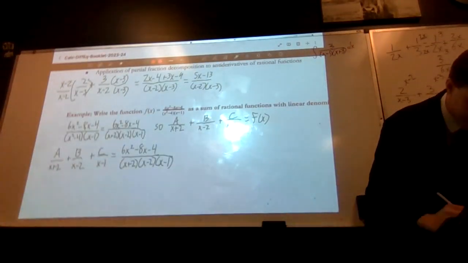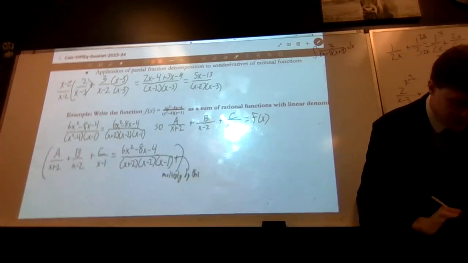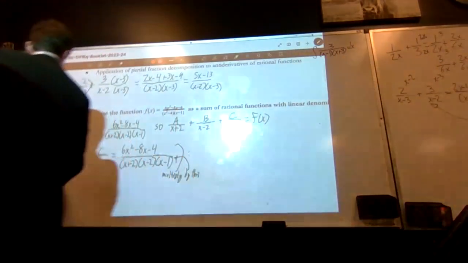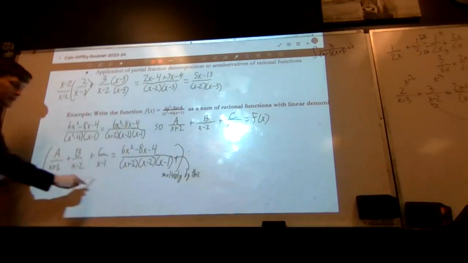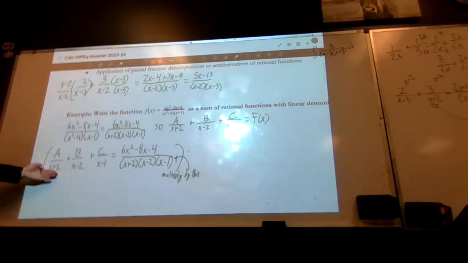You multiply by this, and you should get a format that looks like so. If I multiply by that, what's going to cancel with the A? The x plus 2.